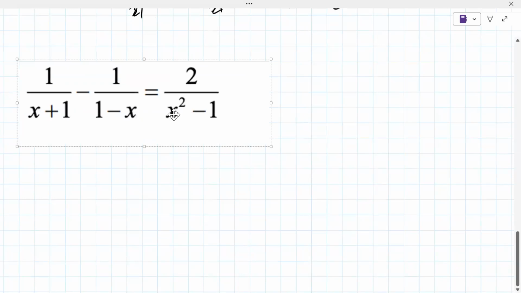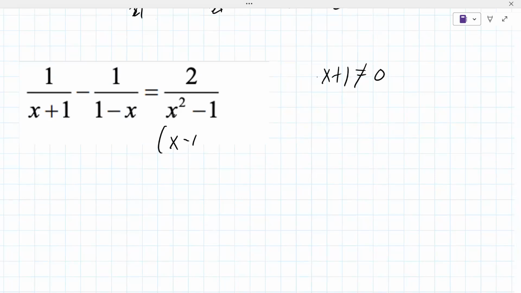So first thing is you have to restrict the domain. You have to set each of these not equal to 0. You might consider factoring the last one.